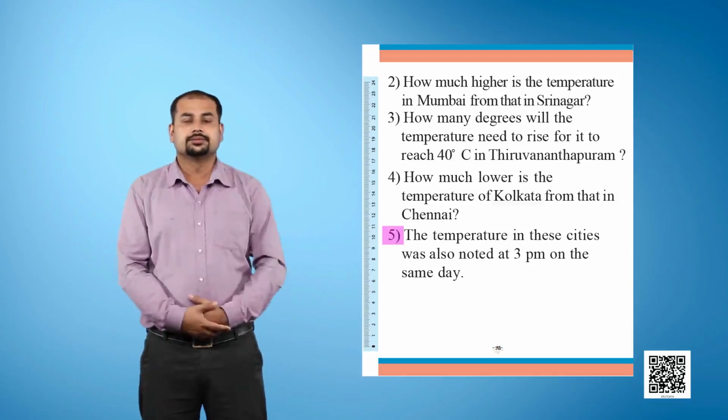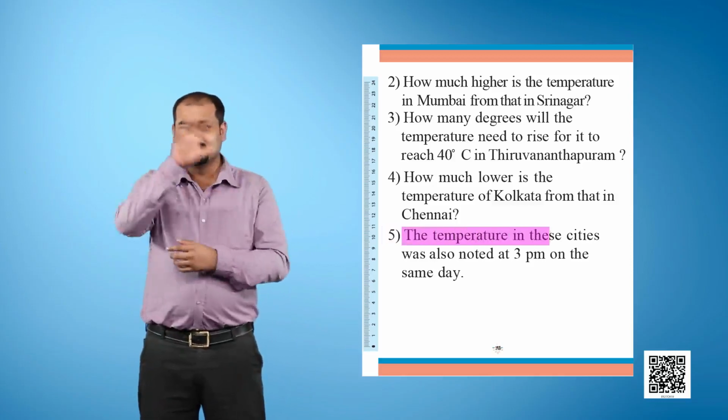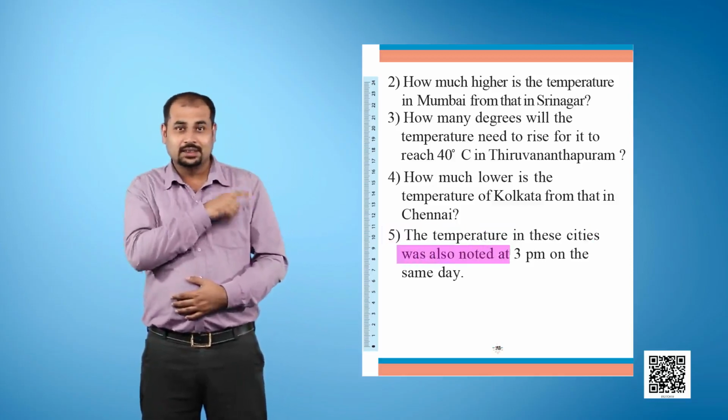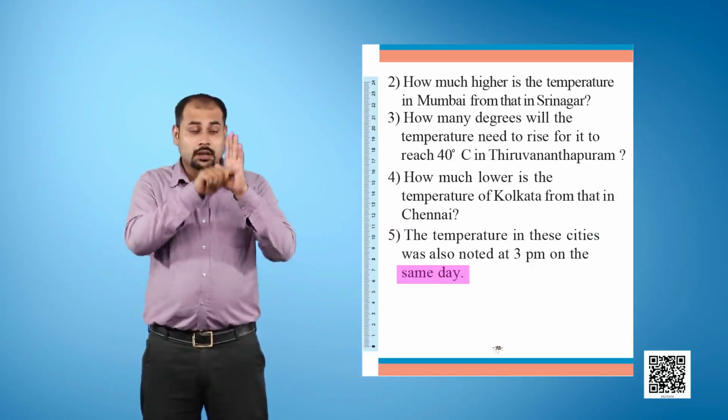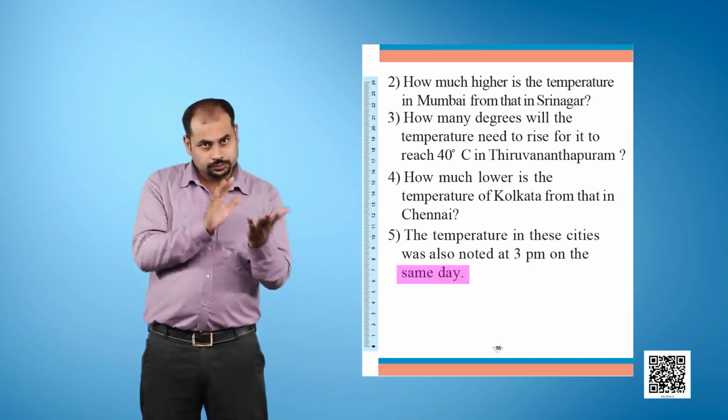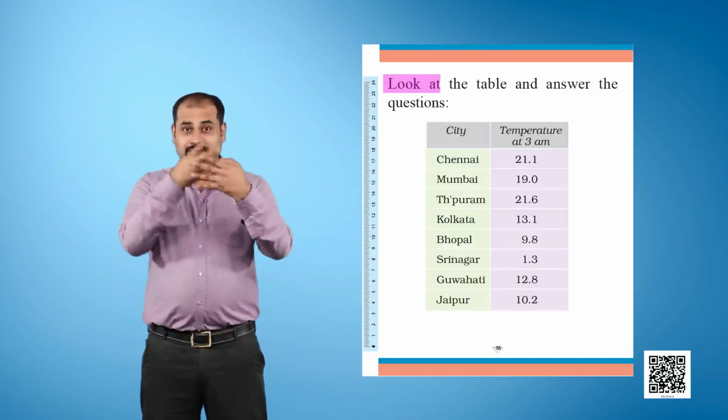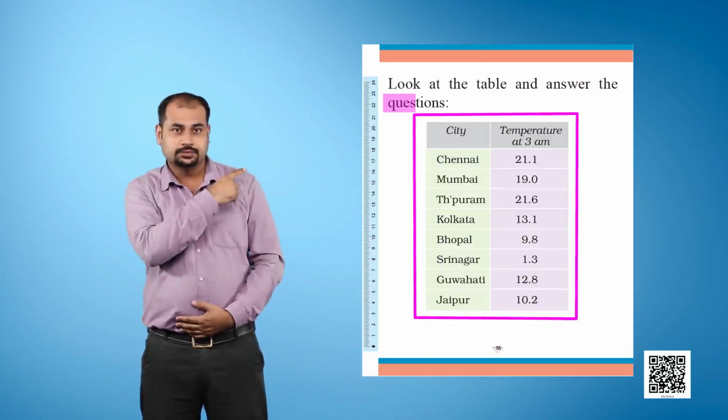4. How much lower is the temperature of Kolkata from that in Chennai? 5. The temperature in these cities was also noted at 3 p.m. on the same day. Look at the table and answer the questions.